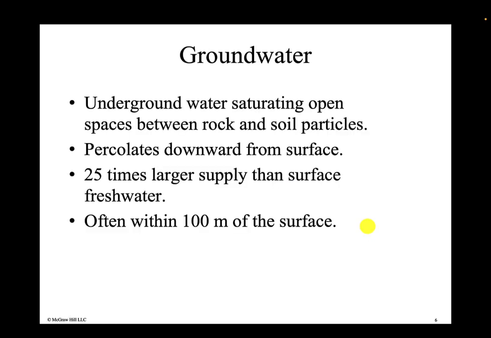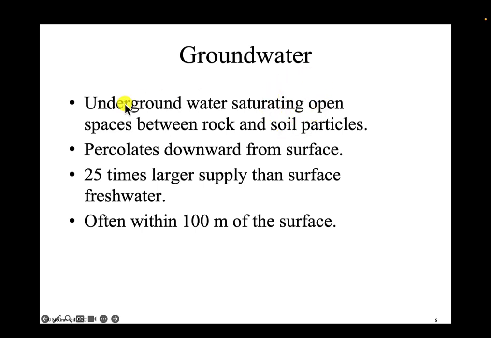Some of that fresh water can also be groundwater. Groundwater can be simply defined as the water that goes underground and invades the spaces between the sediments. Those sediments will be rocks or other soil particles, and the water will infiltrate into those open spaces.